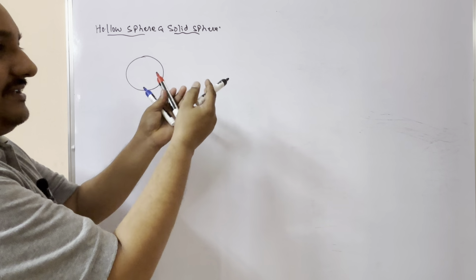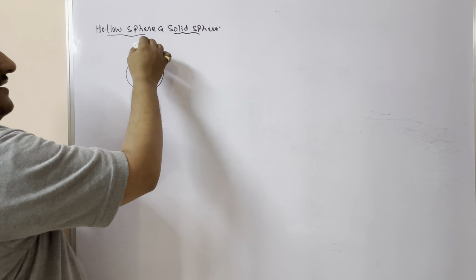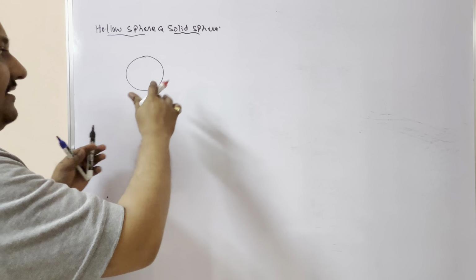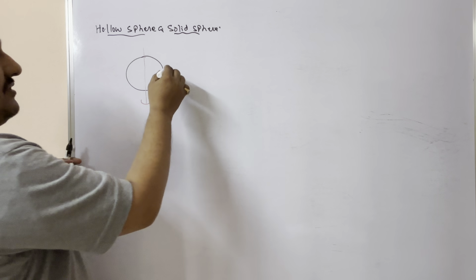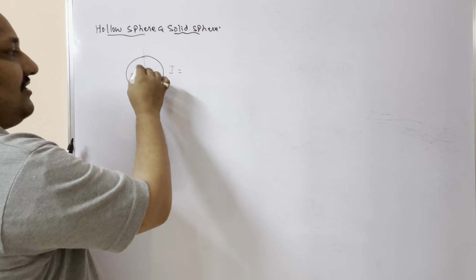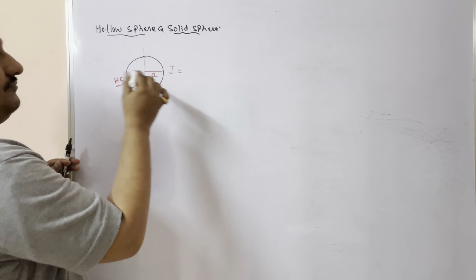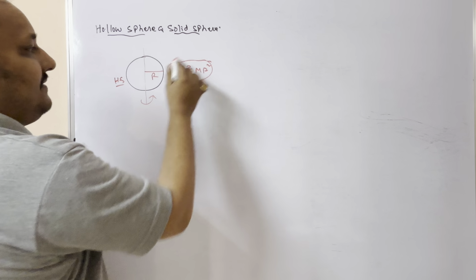It will be coming like this, like a rubber ball. It will have only two axes, like ring and disc. It will not be parallel to its plane or perpendicular to its plane. It will be about diameter. So, about diameter, what is the moment of inertia of this hollow sphere? 2 by 3 m r square.